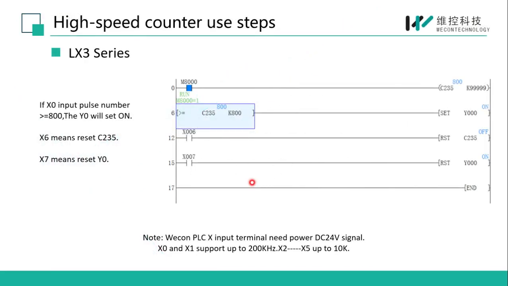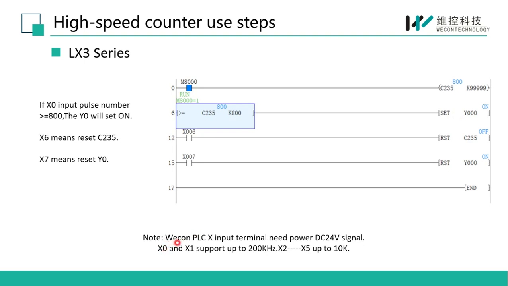So let me introduce how to use it. For LX3V, in the first line, we need to enable these counters. And then we can use the value of this counter to trigger some other registers or some instructions.